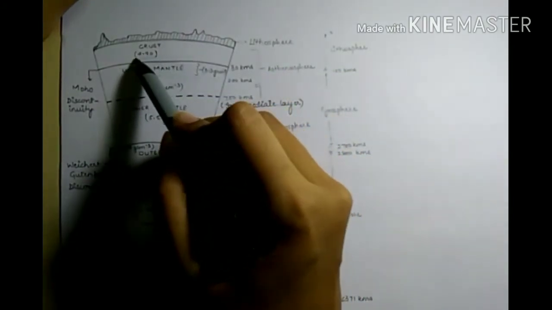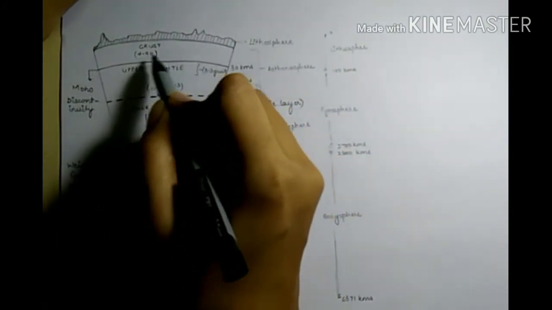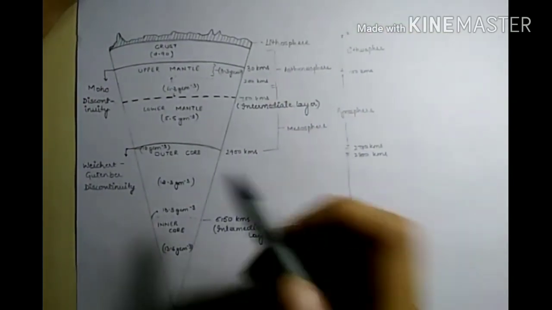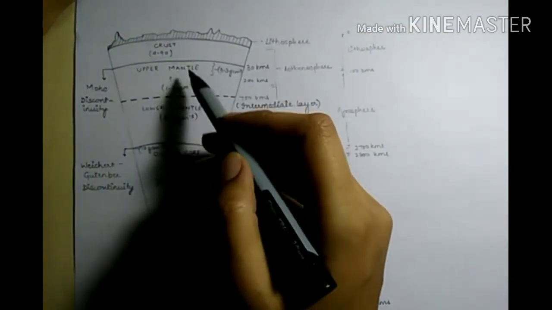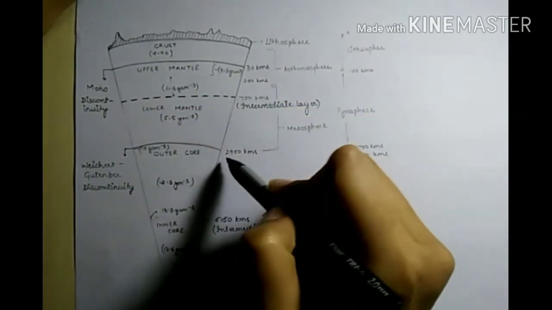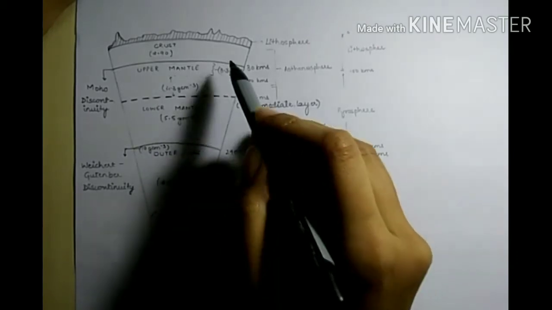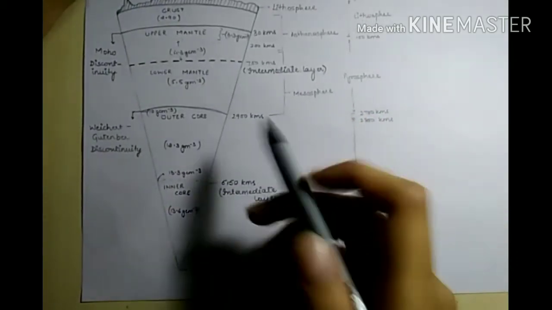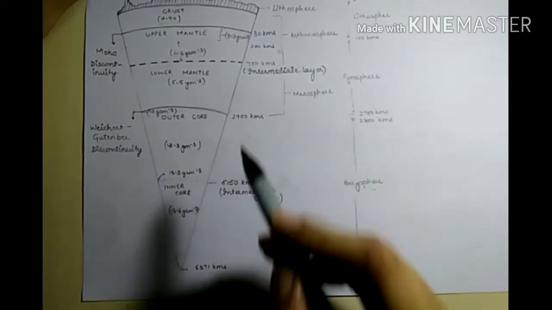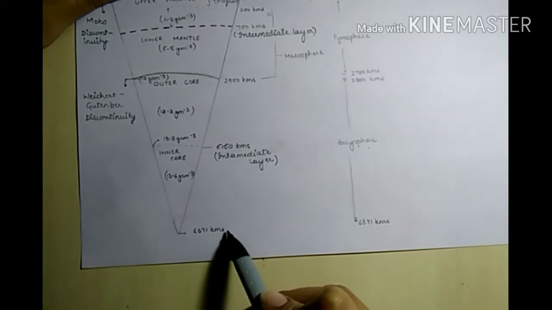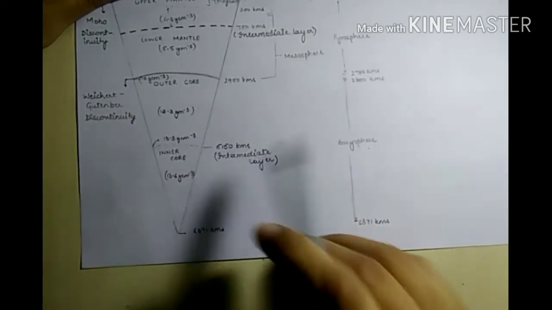This crust is about 2.9 or 3 gram per centimeter cube in density, and below this we have the mantle. From 30 kilometers to 2,900 kilometers, we have our mantle. And then from 2,900 kilometers to the end, that is 6,371 kilometers, we have our core.